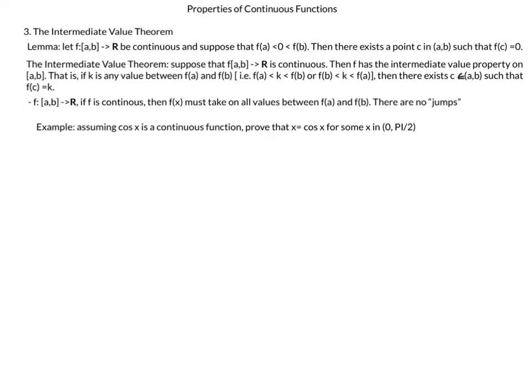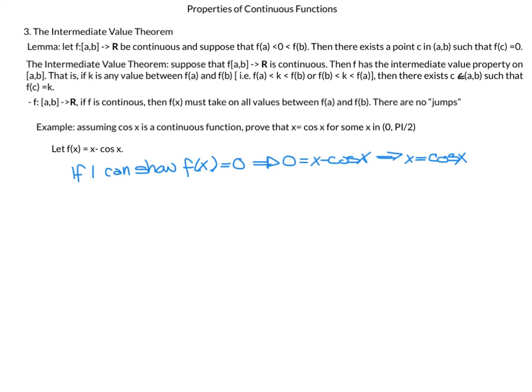Assuming cosine x is a continuous function, prove that x equals cosine x for some x in the interval 0 to pi over 2. To do this proof, I'm going to introduce a new function f of x, which is equal to x minus cosine of x. The reason I'm doing that is, if I can show that f of x is equal to 0 for some value, then I have 0 is equal to x minus cosine of x, which is the same thing as saying there is some value x which is equal to cosine of x.